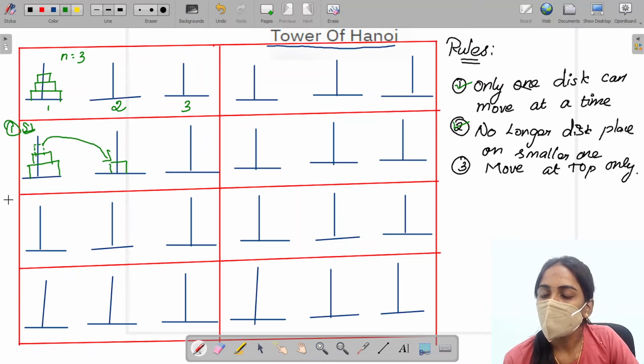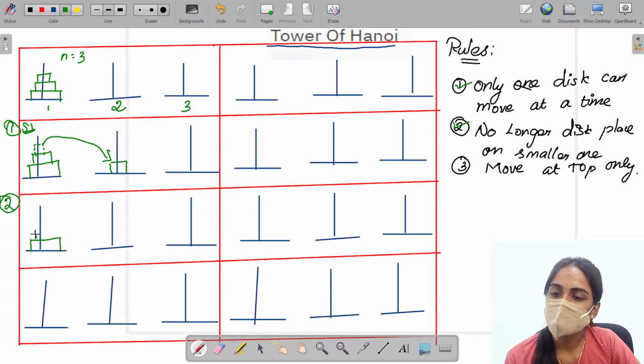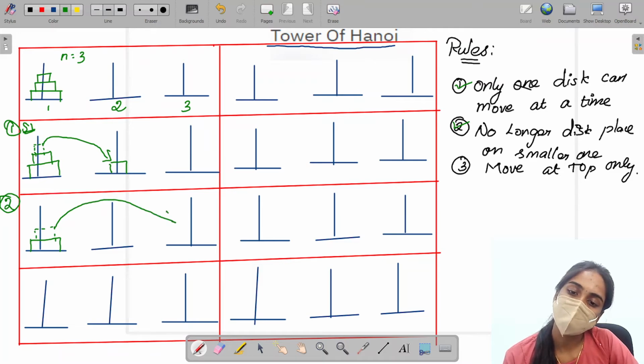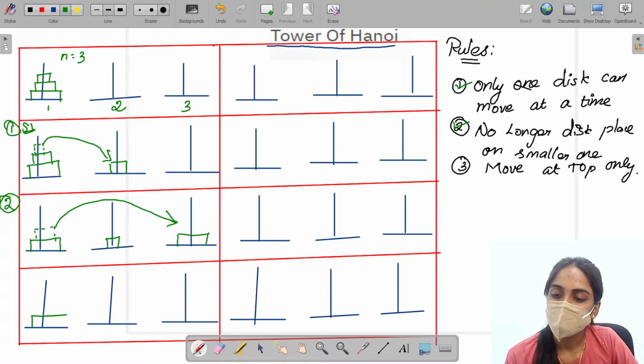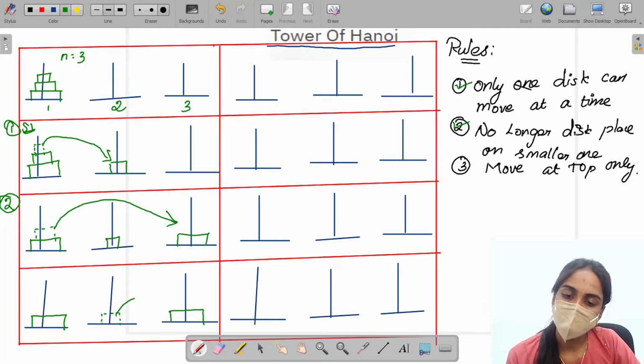Then my second move will be to place the second largest in tower 3. This is the second largest and this is the smallest. My third move will be, this is the largest, and I am going to place this small one in tower 3.